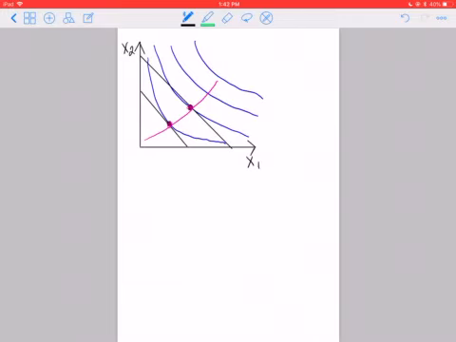I'm going to switch back to my original page. We can erase this nice graph right here. The question on the test reads: an Engel curve is a demand curve with the vertical and horizontal axes reversed.